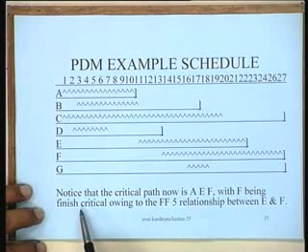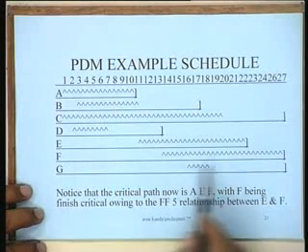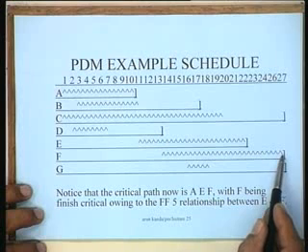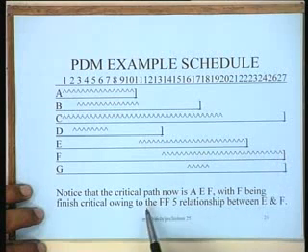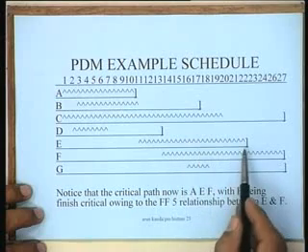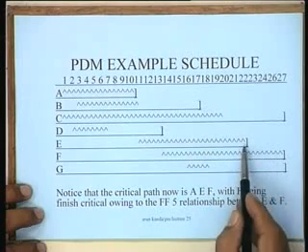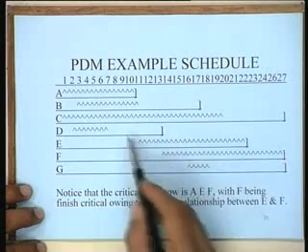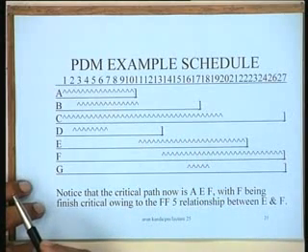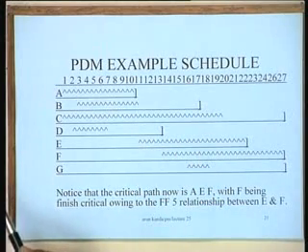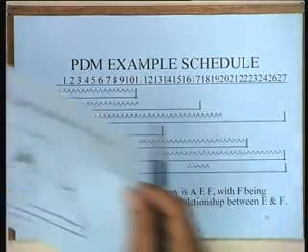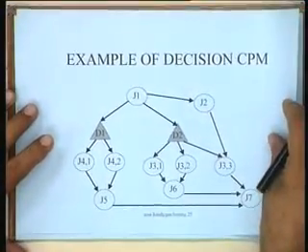F is now finish critical, in the sense that its duration is determined by the FF lag between E and F. So this is one of the modifications which has been done to the basic network methodology in terms of expanding the precedence relationships. Let's now look at an example of decision CPM.